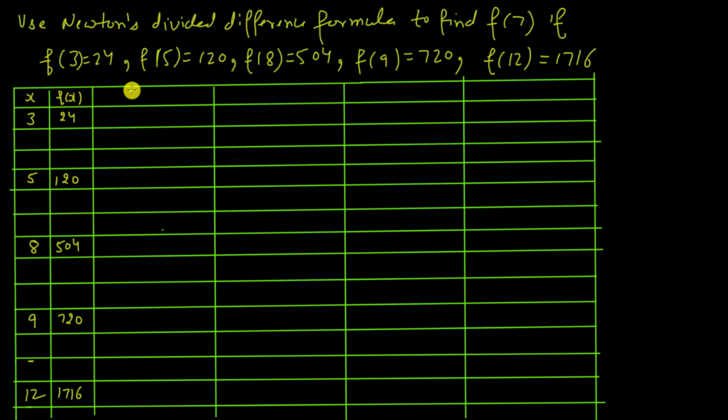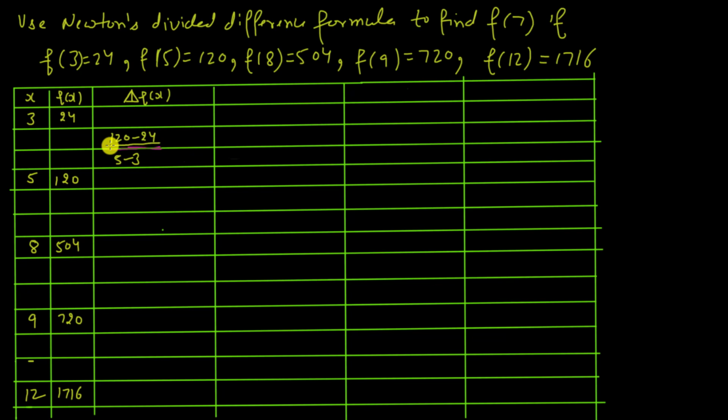So you will write it over here, f of x. Firstly you will write the difference of the function, that is 120 minus 24, divided by the difference of the arguments, which is 5 minus 3.